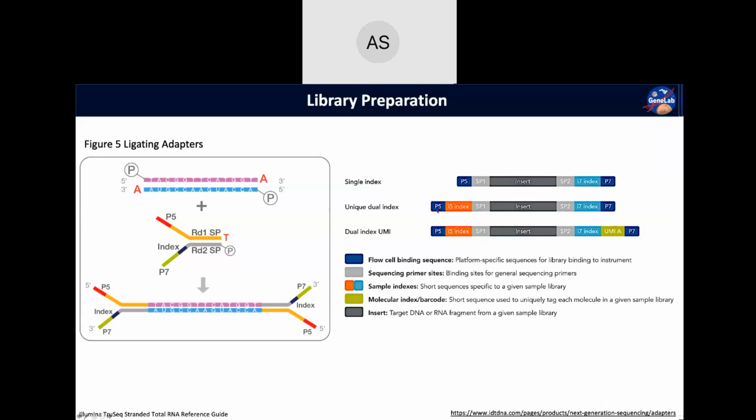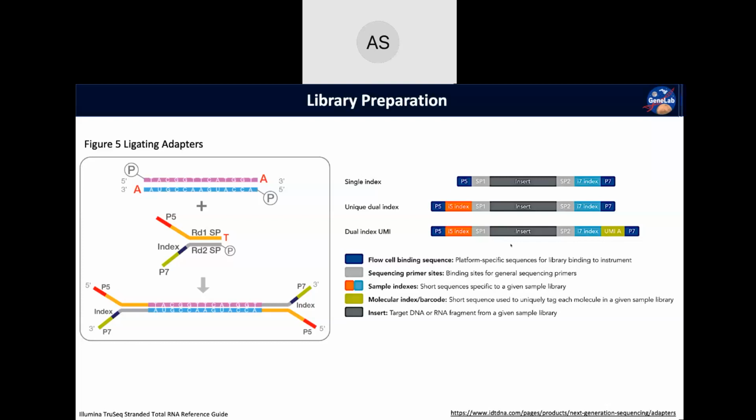And then I also want to point out just another type of index, which is actually the one that we use in GeneLab. And we'll get into this a little bit more in depth later. The next step that I'm going to go over in processing is the amplification step. And during the amplification step, we can cause artificial duplications of sequences of interest.